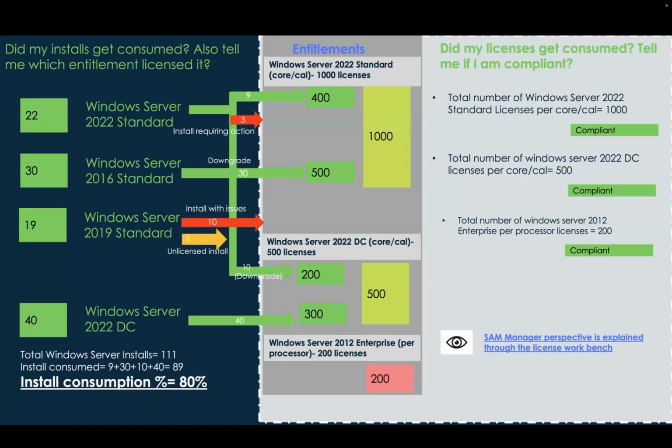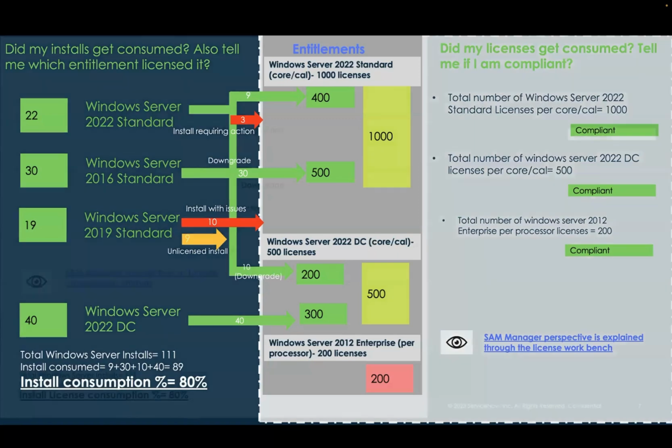For example, in this case, it shows you that 900 licenses were actually required, and you have purchased about 1,000 licenses, and hence you're compliant. So this mechanism is very well present on the license workbench, and this is a very important perspective which is explained through the license workbench.